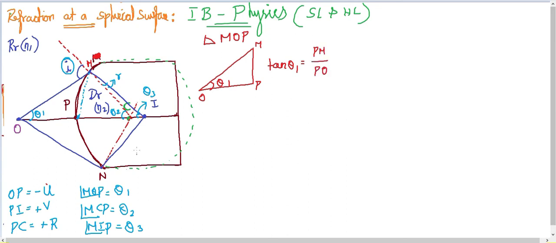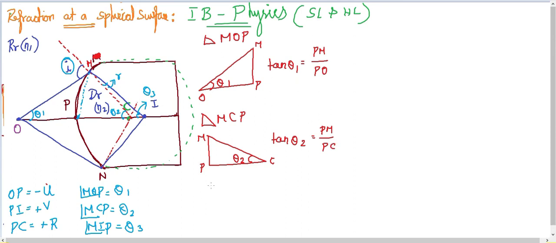So one is over. Next, the right angle triangle MCP. I am following the same procedure. This is C, M, P, and this is theta 2. So tan theta 2 is equal to PM divided by PC.